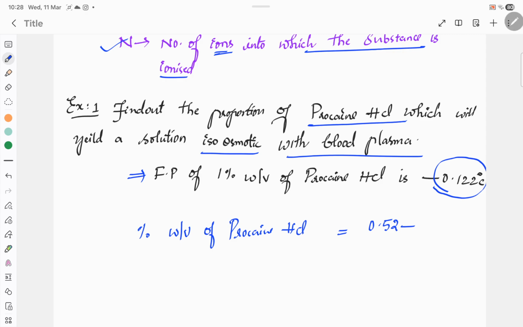So 0.52 minus 0 divided by the freezing point of 1% weight by volume solution of the adjusting substance. What is the adjusting substance? That is procaine hydrochloride. So that is 0.122, where we will get 4.26% weight by volume as the answer.